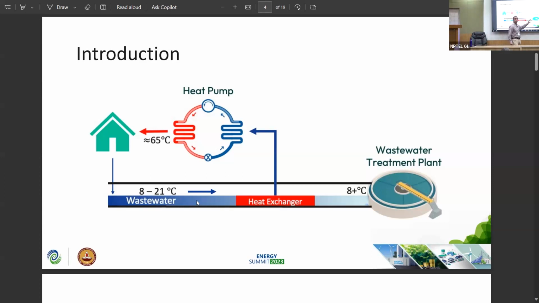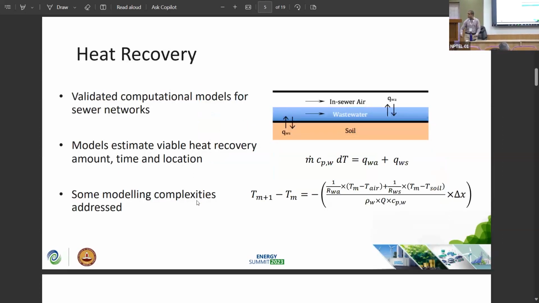You don't want the temperature of the wastewater going into the treatment to be less than 8 degrees Celsius or so. So the question is, how can you recover as much heat as possible without causing a significant reduction in temperature, which will affect the treatment quality?